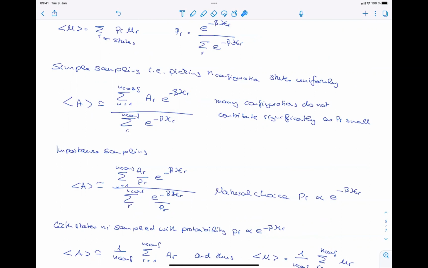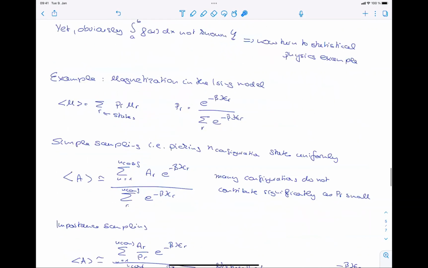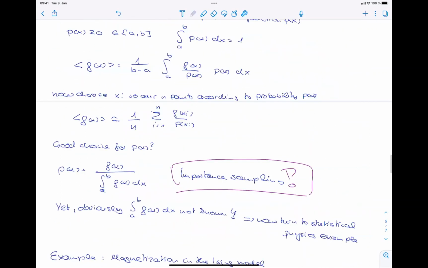That's the same thing as, really think about this. You have a function and it's peaked, and I want to make sure that I really sample these points here in the middle, right? And I actually don't need to sample these a lot because they won't contribute anyway. So if I have a limited number of points that I want to draw, then it's actually good to focus on these.